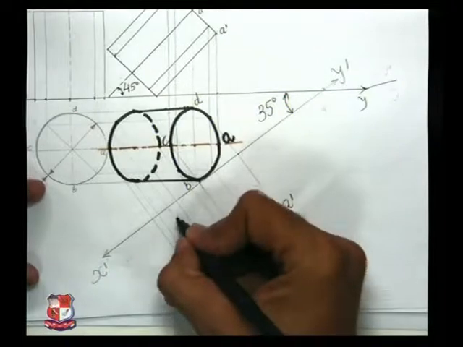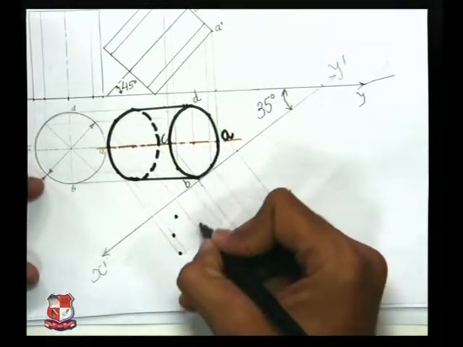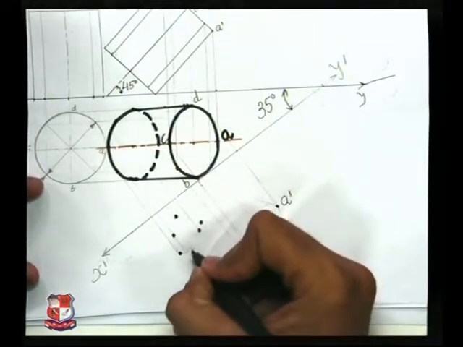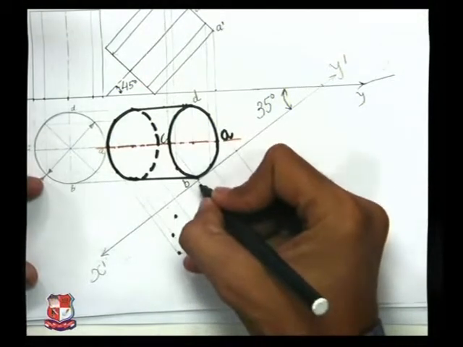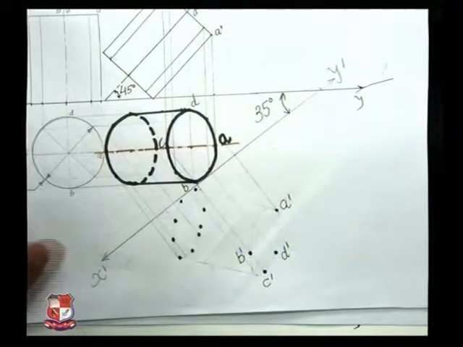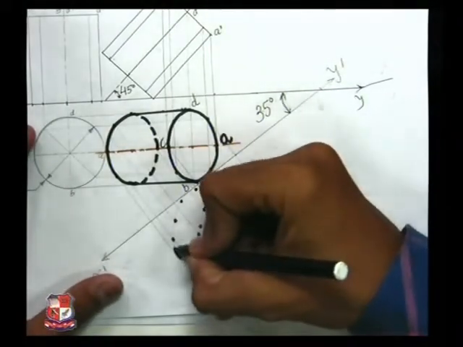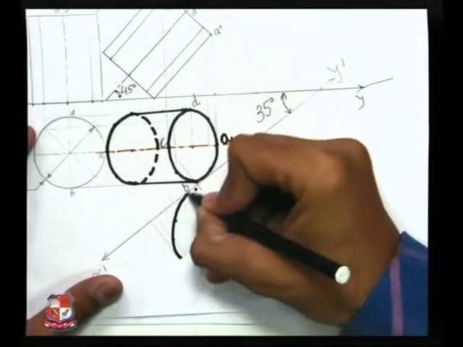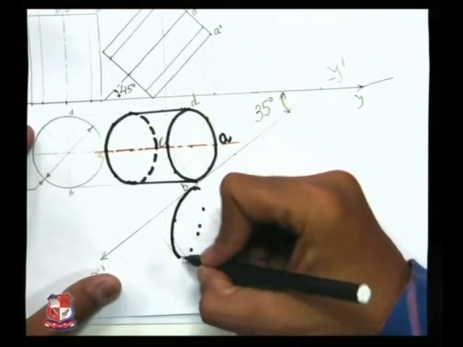Here the points would appear 1, 2, 3, 4, 5, 6, 7, 8, and join all these points with a smooth curve which would appear as an elliptical shape like this.